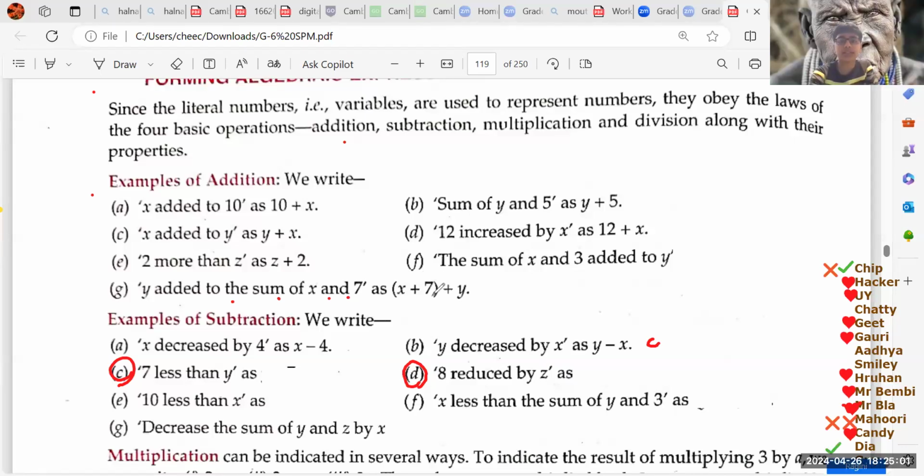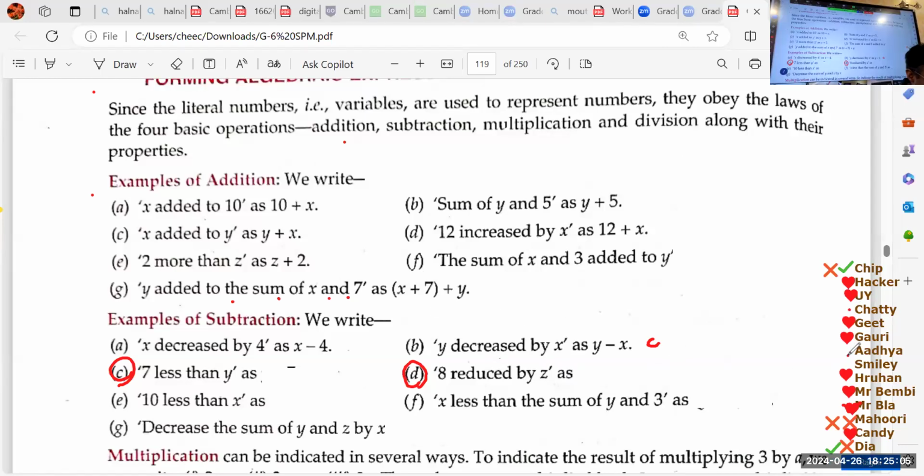Sir, Mahuri is actually super confused because she got both of them wrong. It's okay, it's okay. We can make mistakes. Beta, English hai ye. When it comes to mathematics, Mahuri will not make mistakes. Abhi English hai. So, Smiley, what is the answer for the C part? Sir, I'm sending. Time is up.